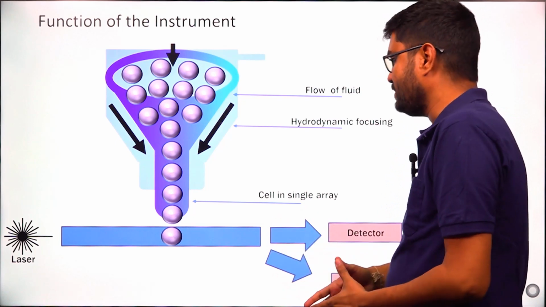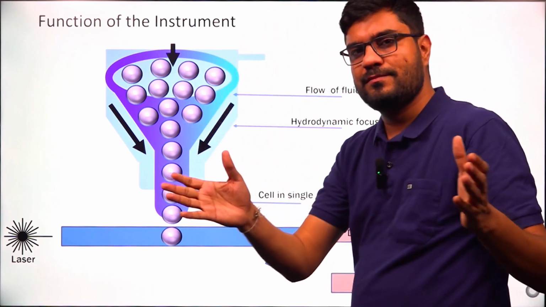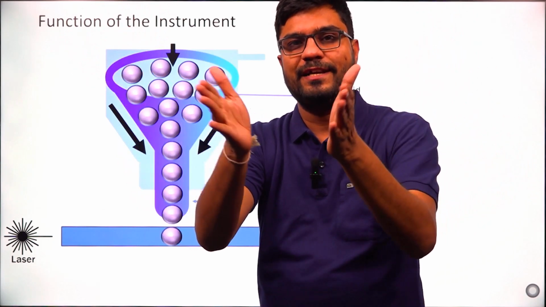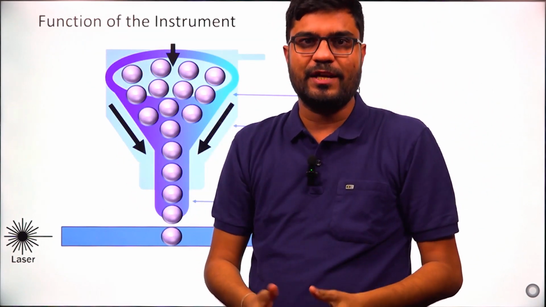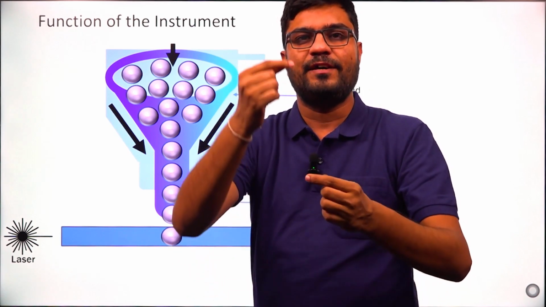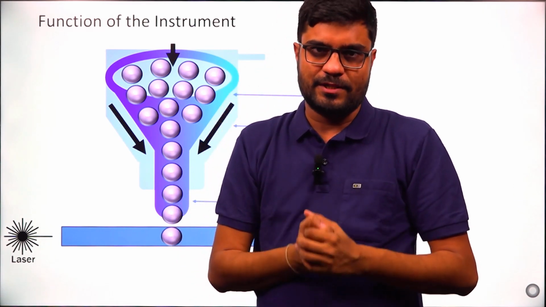It's very simple. There are so many cells. You apply the liquid pressure from both sides. So you can create an array, or a stream of buffer or liquid, where one cell at a time is passing through.